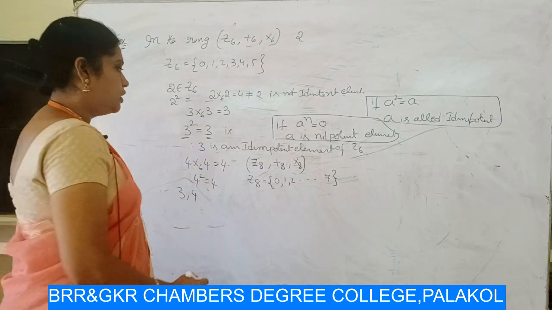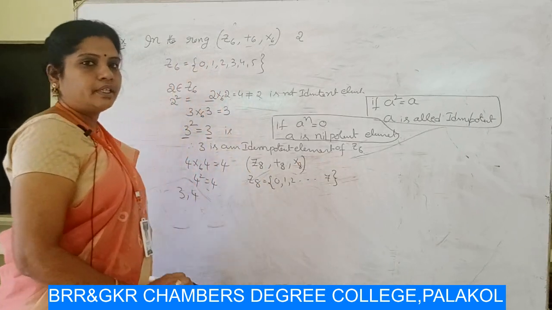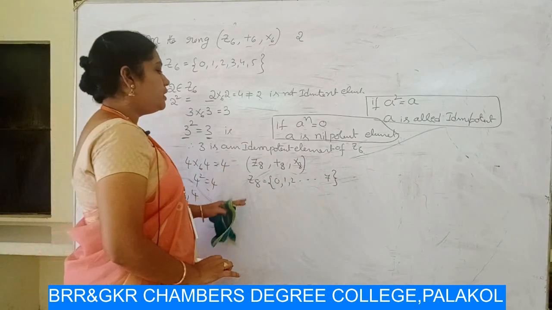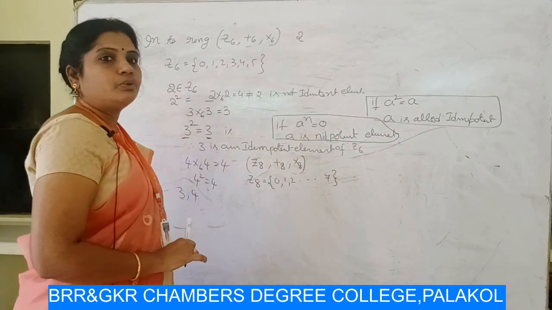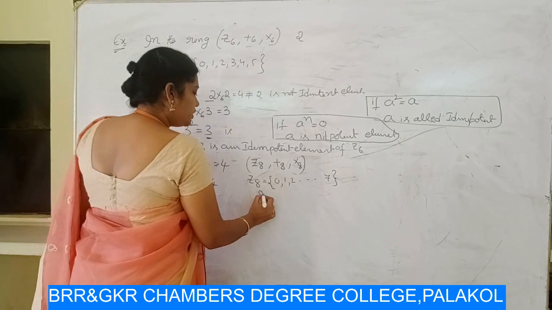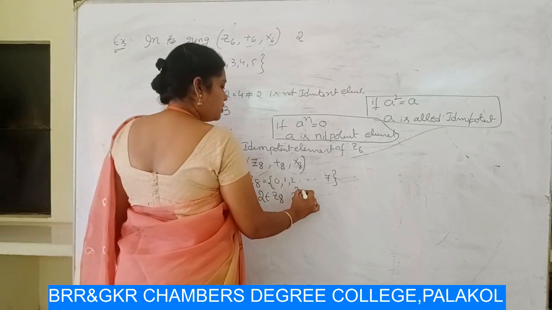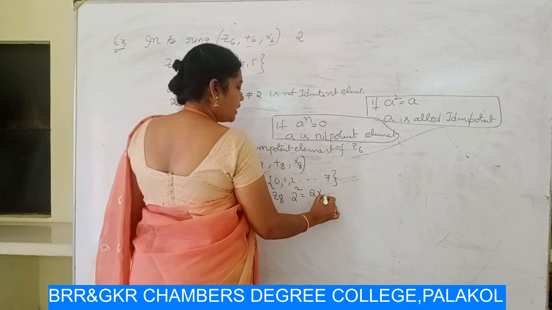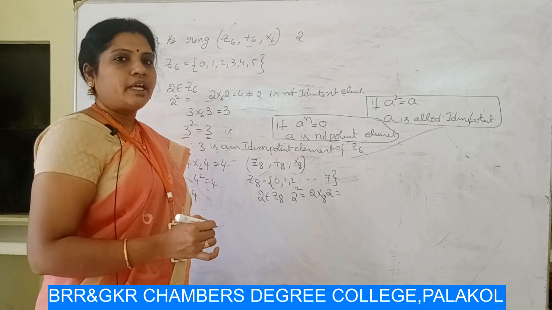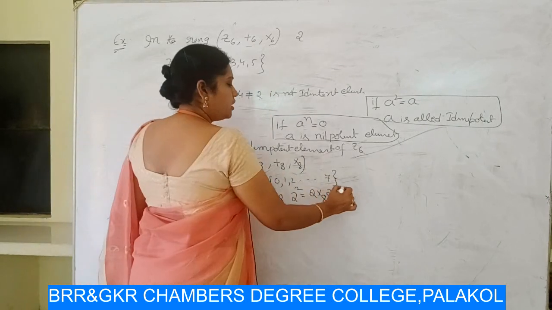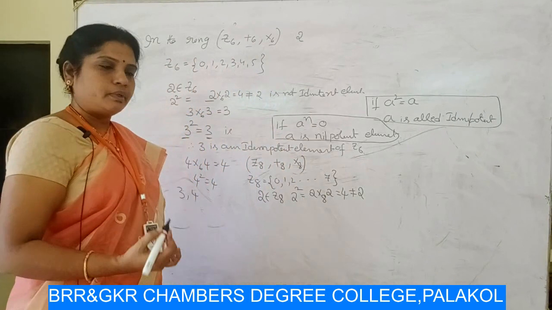In this set, there is no idempotent element because no element satisfies the equation A square is equal to A. For example, if we take 2 belongs to Z8, then 2 square is 2 multiplication modulo 8 with 2, that is 2 into 2 is 4, 4 divided by 8, we get remainder 4, that is not equal to 2, so 2 is not an idempotent element.